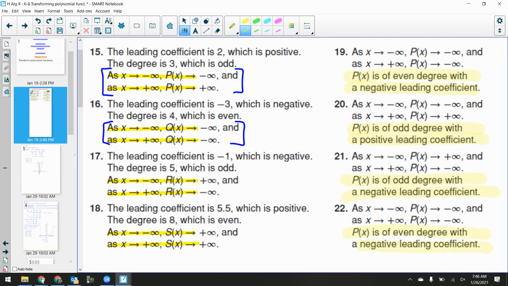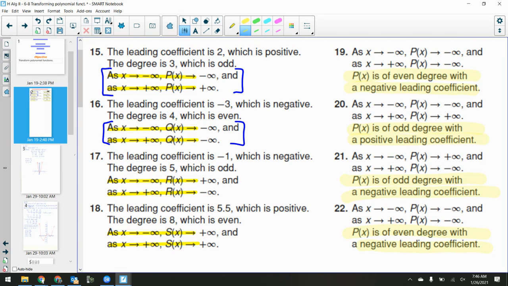As x goes to the left, y does this. As x goes to the right, y does this. As x goes to the left, y does this. As x goes to the right, y does this. Left, right, left, right. Okay? So that's the notation that I need to see.